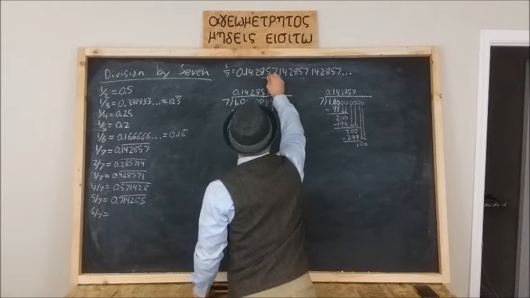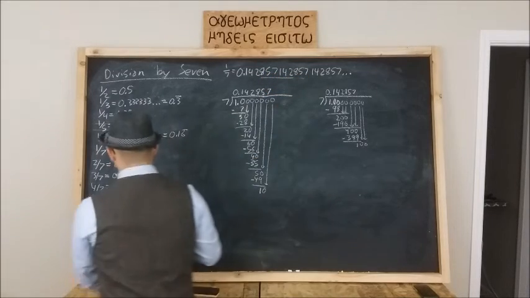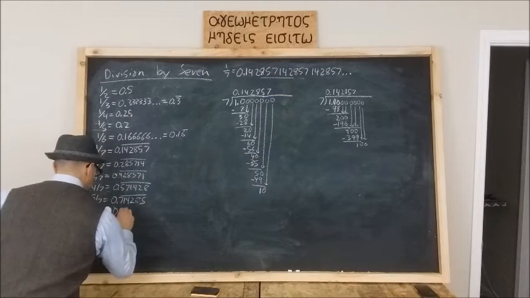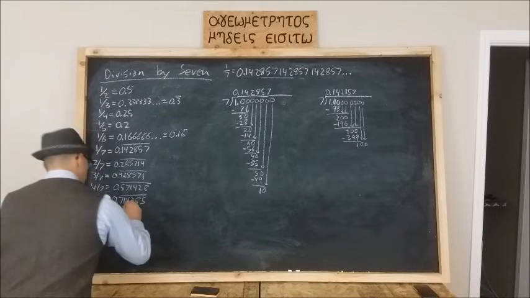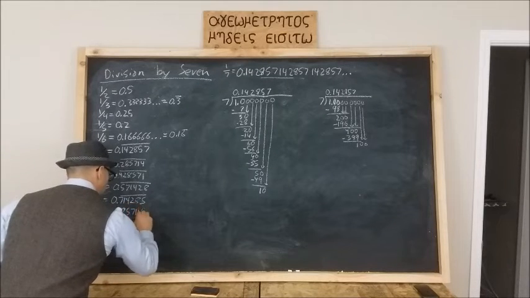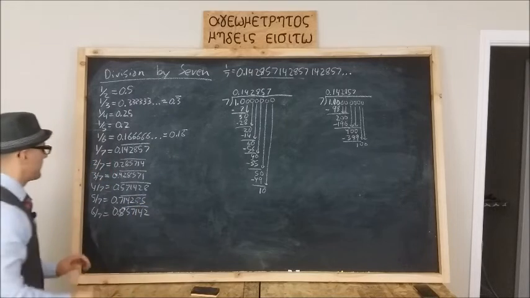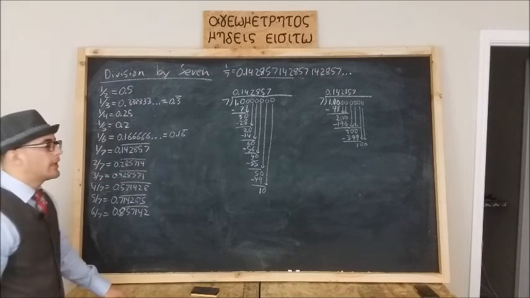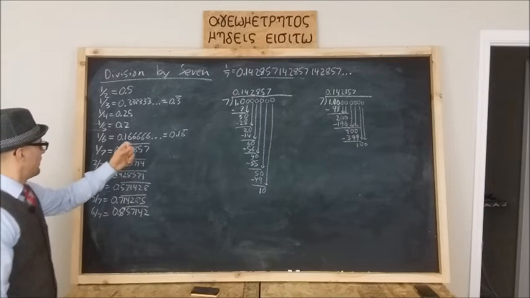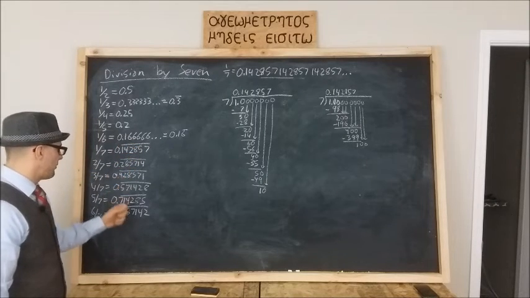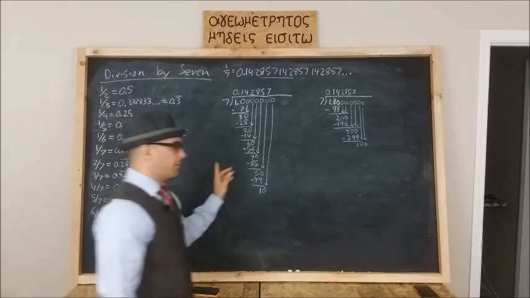And we go for 6 digits. 0.857142 repeating.